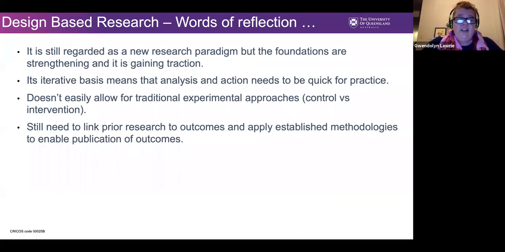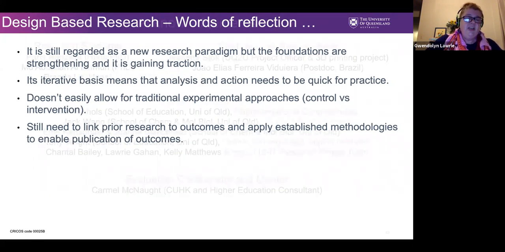When you publish this work, it still has to be linked to prior research and theoretical frameworks, use established methodologies, and then link your outcomes back to that. So it still fits in the paradigm of what we do in chemistry education research.